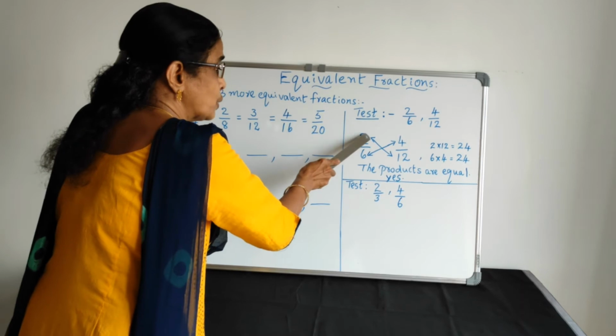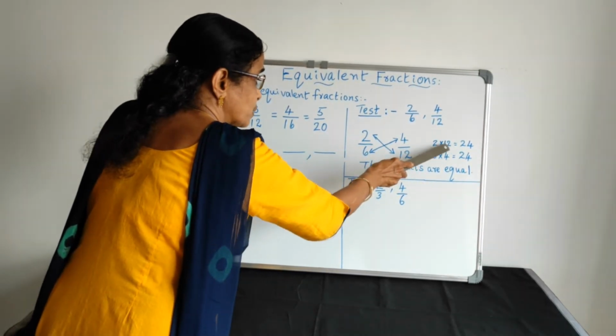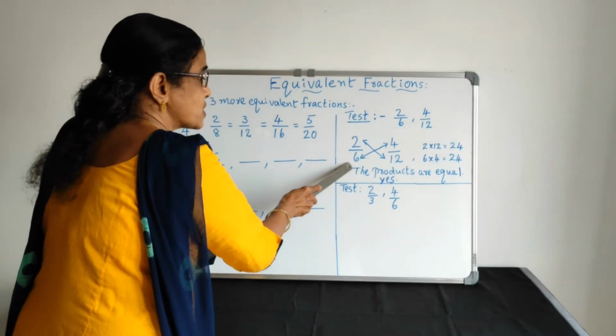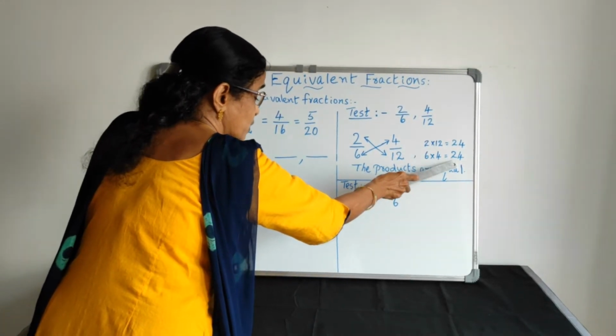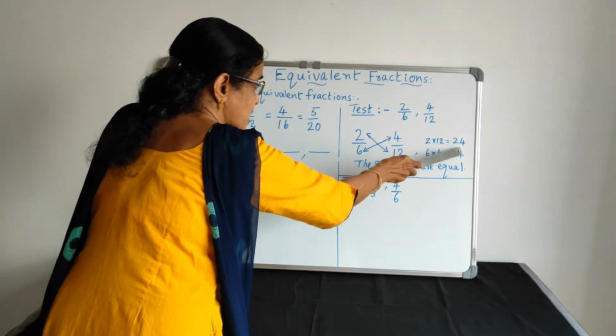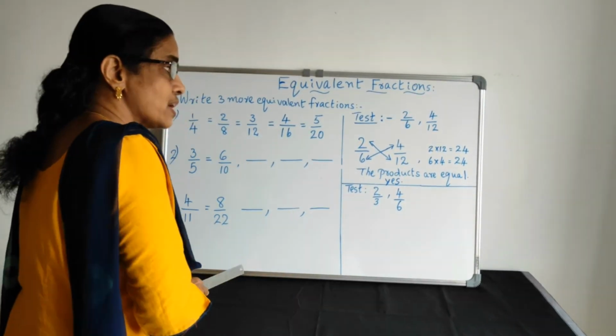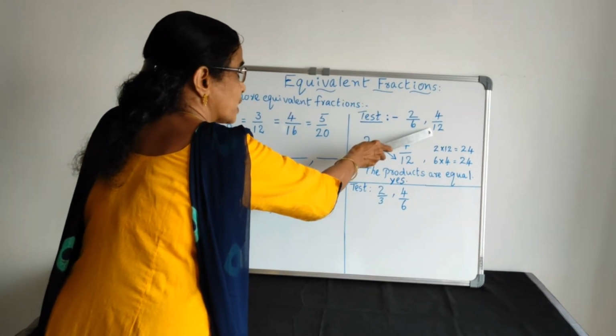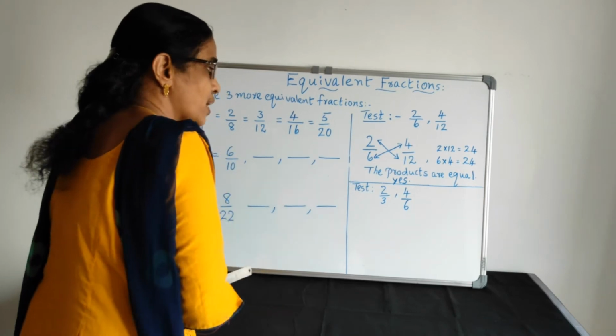That is 2 times 12, which is equal to 24. 6 times 4, which is equal to 24. Products are equal. Both products give the same result, 24. So 2 by 6 and 4 by 12 are equivalent fractions.